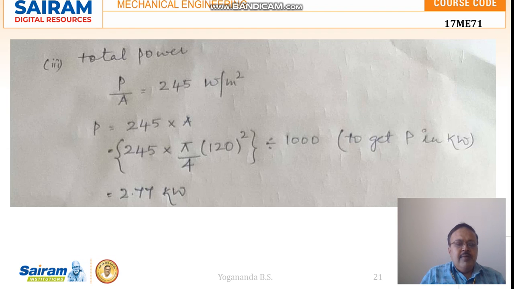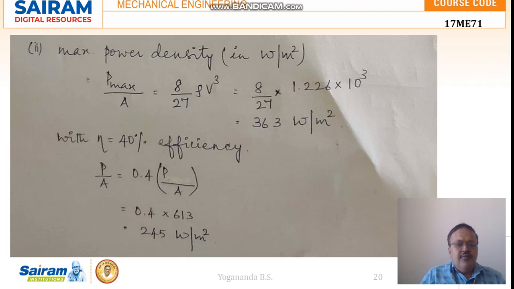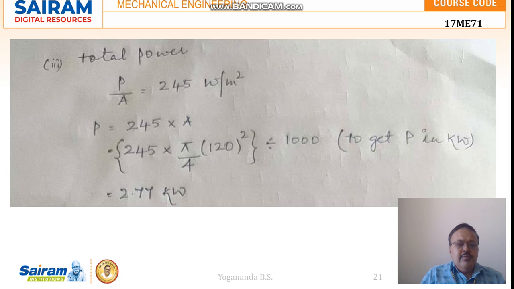Then the total power is obtained from the power density, P by A, equal to 245. Taking A to the other side, the total power P is 245 into A, where A is the turbine area, considering the diameter of 120 meters. The power is in watts, so dividing by 1000 we get it in kilowatts. The total power generated is 2.77 kilowatts.